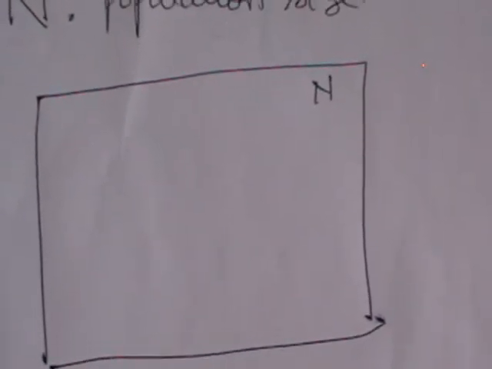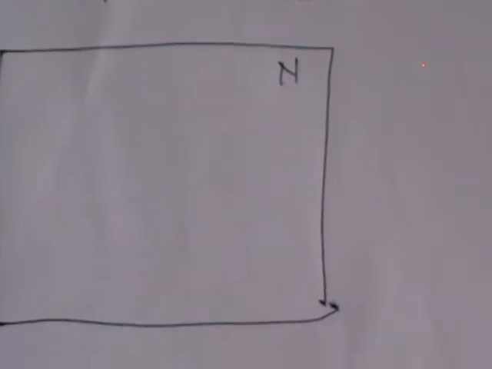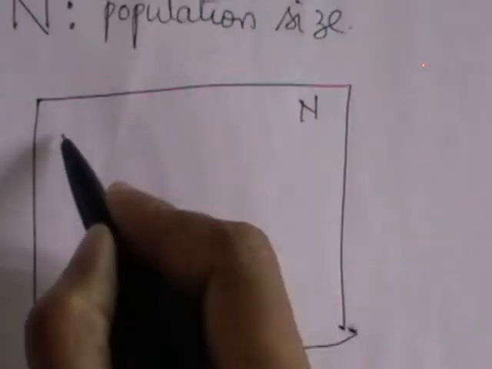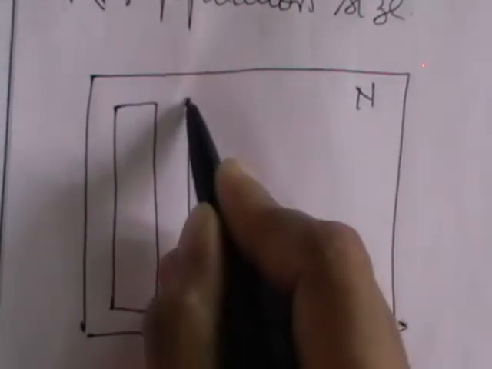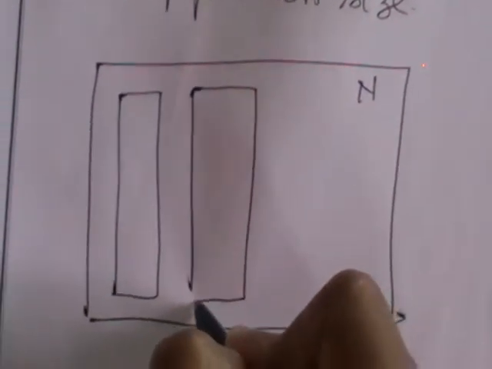So to obtain the best estimates of the population, first try to divide the entire population into homogeneous groups called strata. I have divided the entire 1500 students into homogeneous groups.